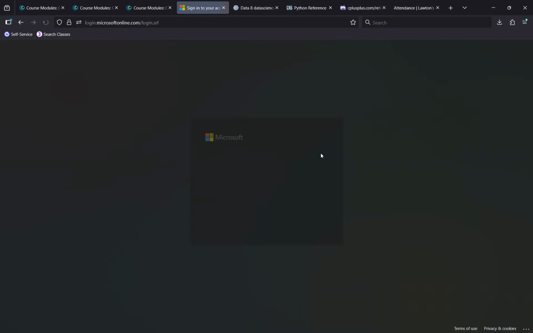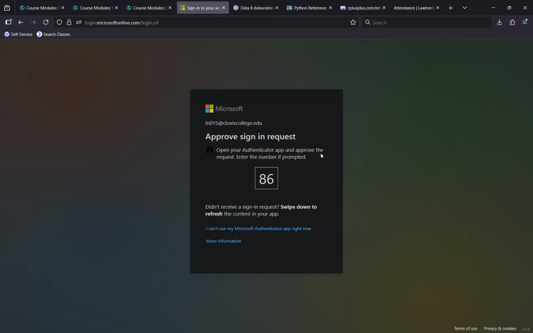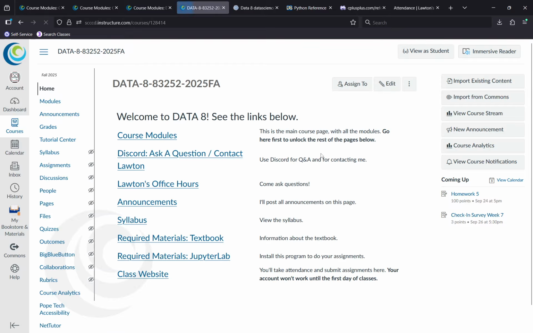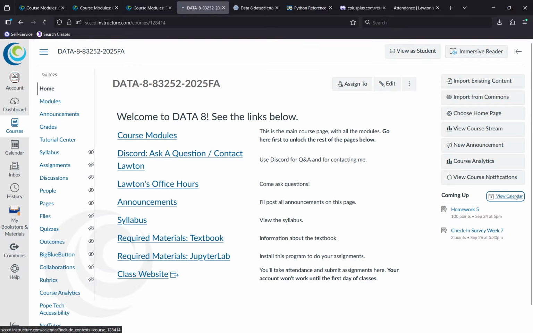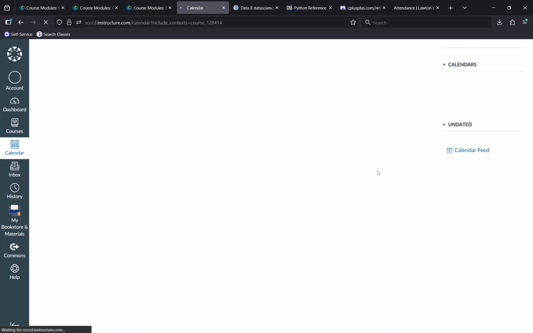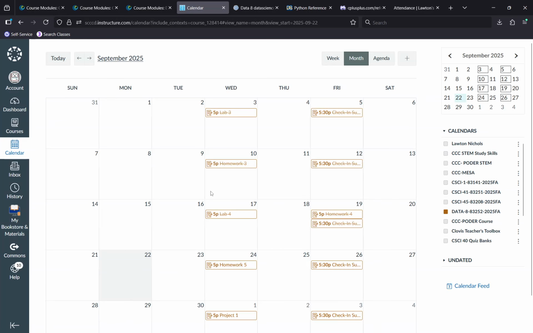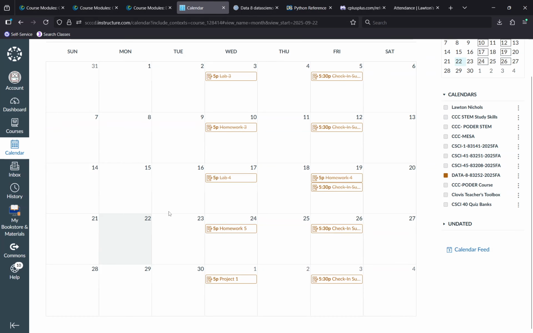Oh no, I have to log in. Let's see when things are due, and I'll pick a day where things aren't due yet. So at least a week from now, I would like to have this due. Is that doable?